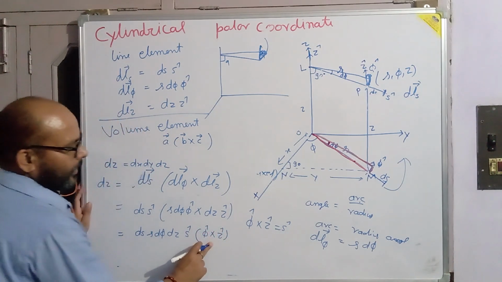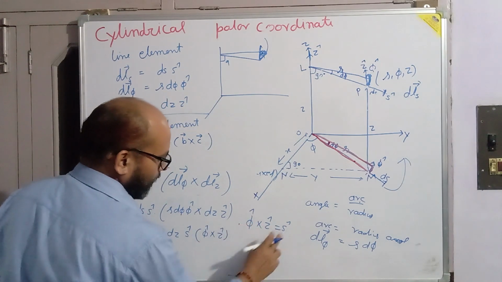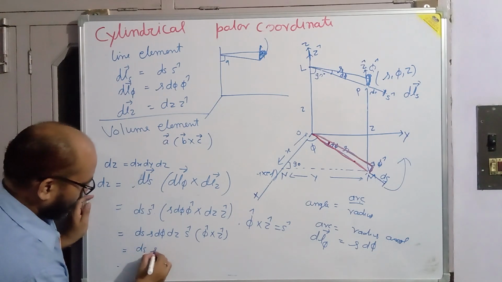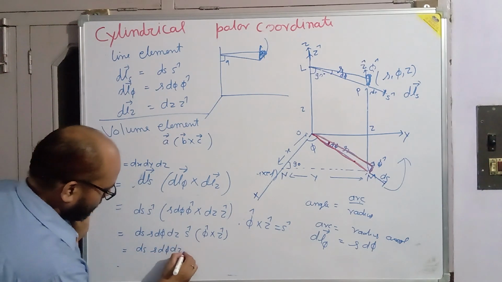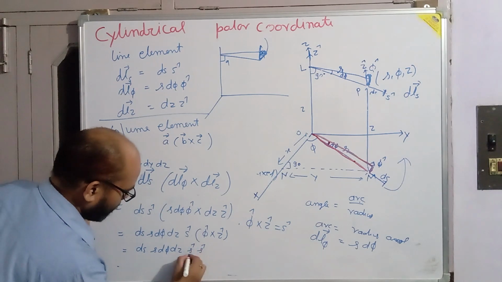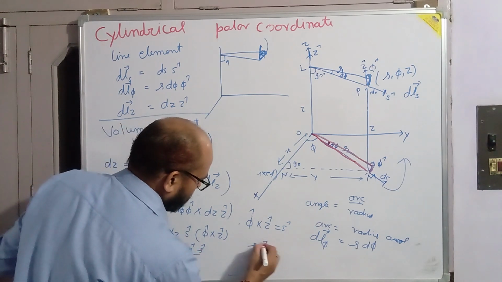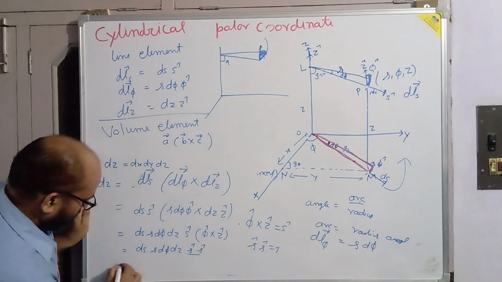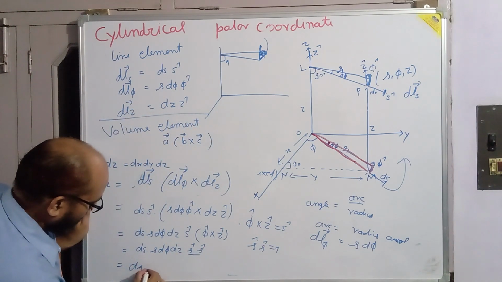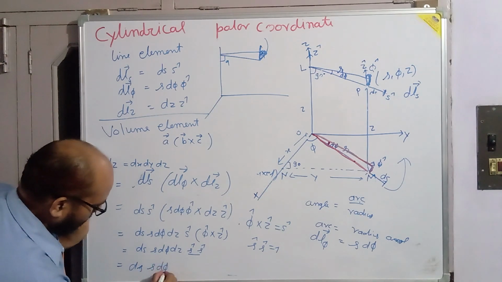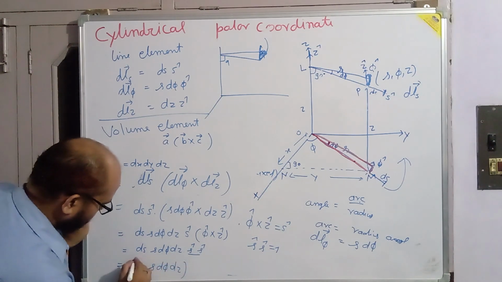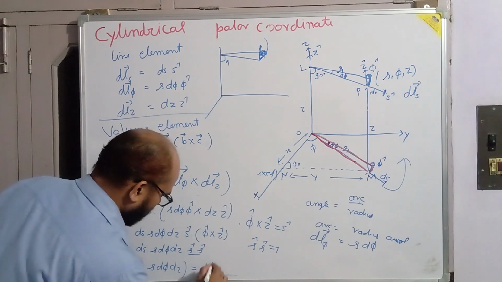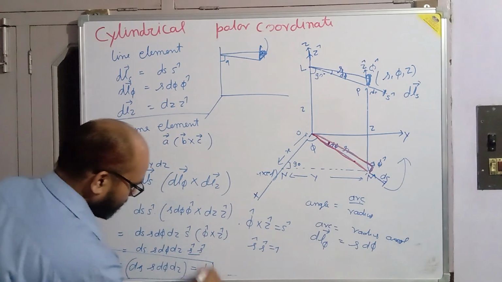So phi cap cross z cap equals s cap. So ds s d phi dz s cap dot s cap. S cap dot s cap is simply one, just like i cap dot i cap. So ds s d phi dz, that is the volume element d tau in the cylindrical coordinate system.